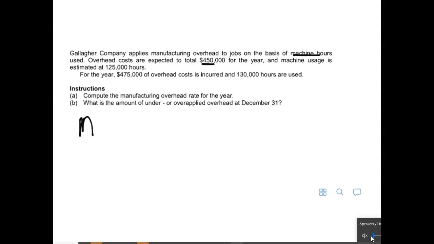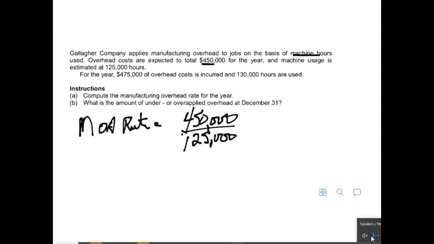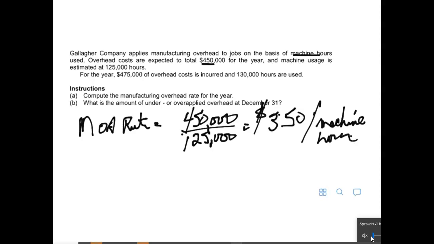Well, the manufacturing overhead rate then would be equal to 450,000 divided by the hours of 125,000, and that would equal $3.60 per machine hour. That's how we're going to allocate it to our products.